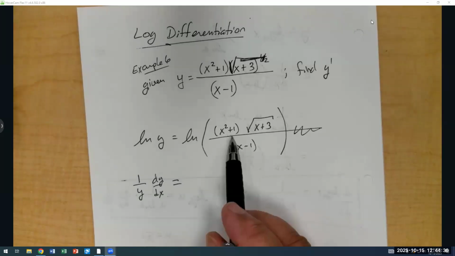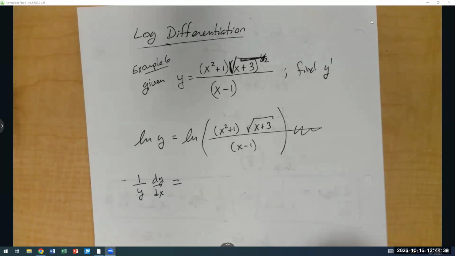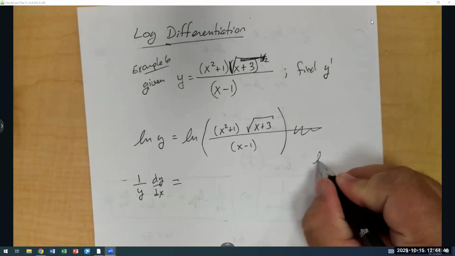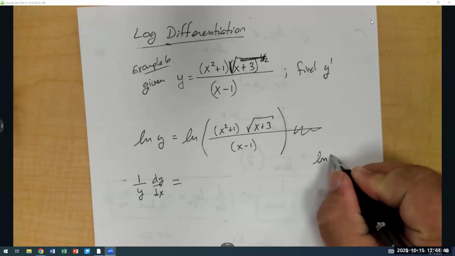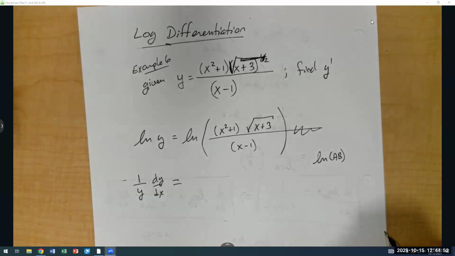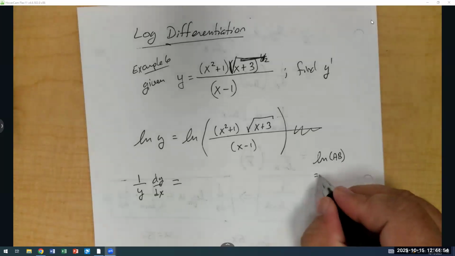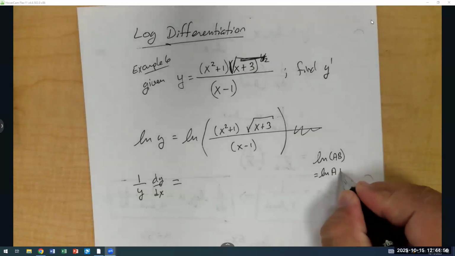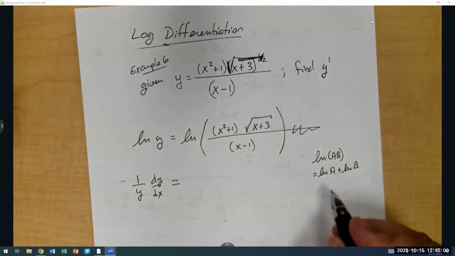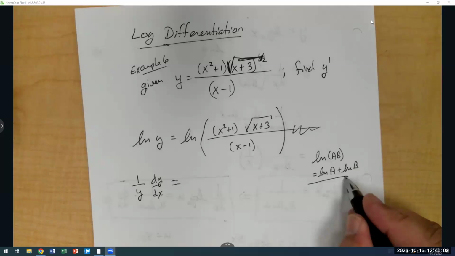On the right side, we can use the logarithmic properties. The properties of logarithms say this. If I have the product of two numbers or two terms, I can split those up. That's one property.